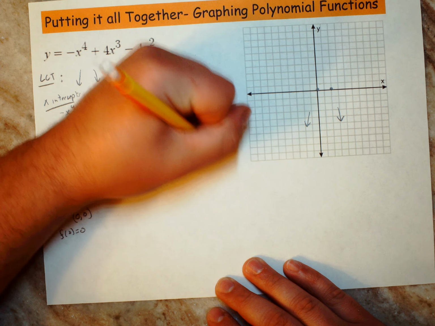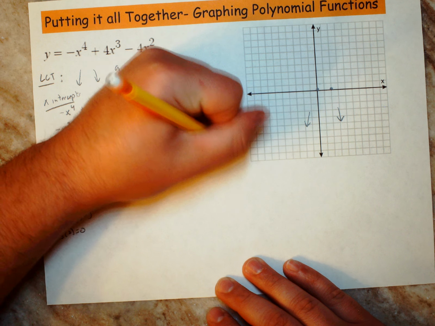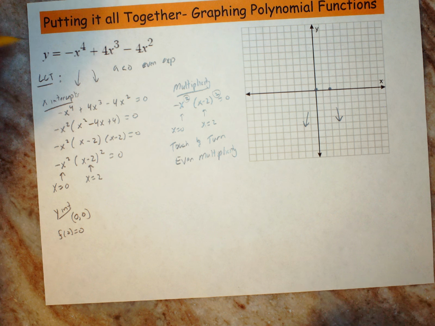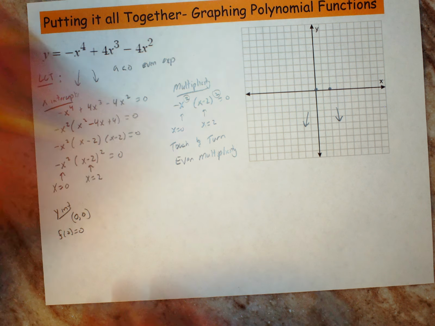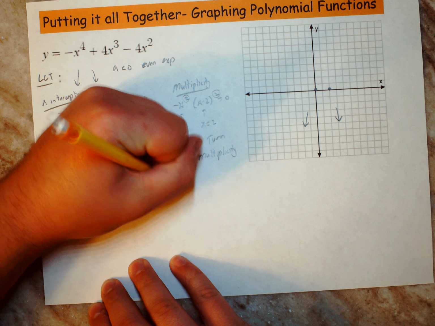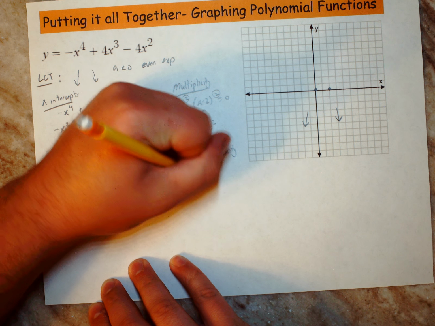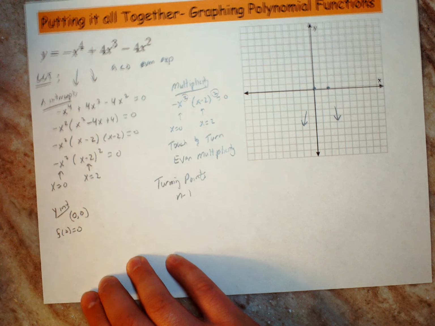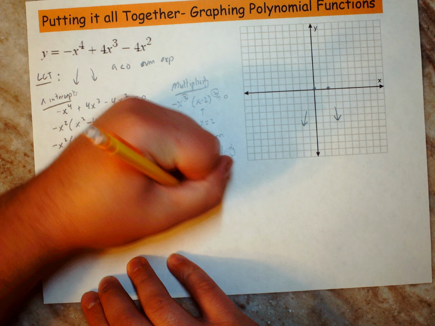Even multiplicity. And there should be how many turning points? n-1. 4 minus 1 equals 3.